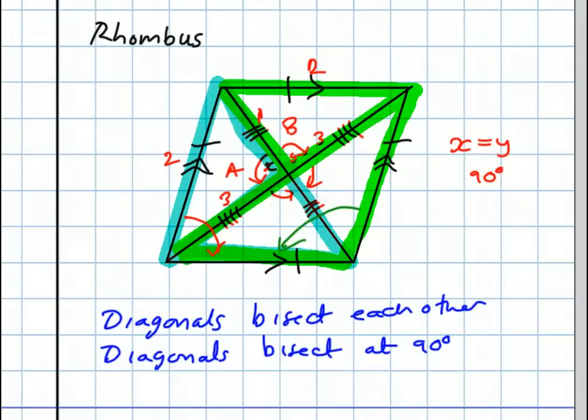In fact, all I know is that they must add up to 180, but I can't prove that they're the same. So therefore I can't prove that the big blue triangle and this green one are congruent, and therefore I can't prove that the diagonals are the same length.